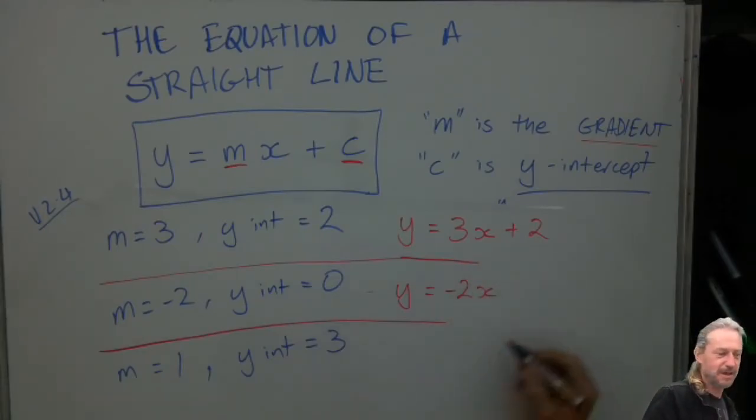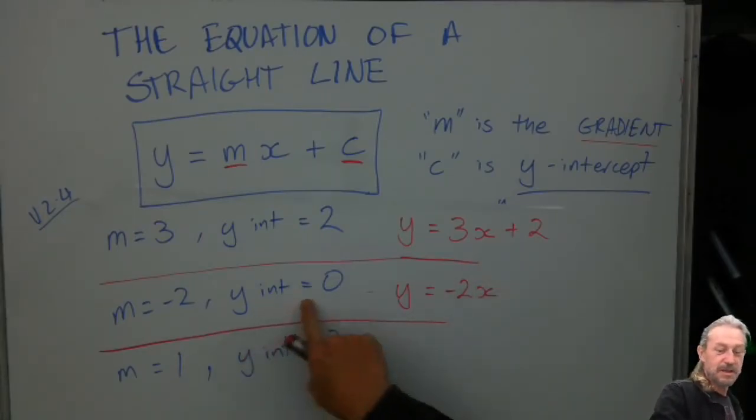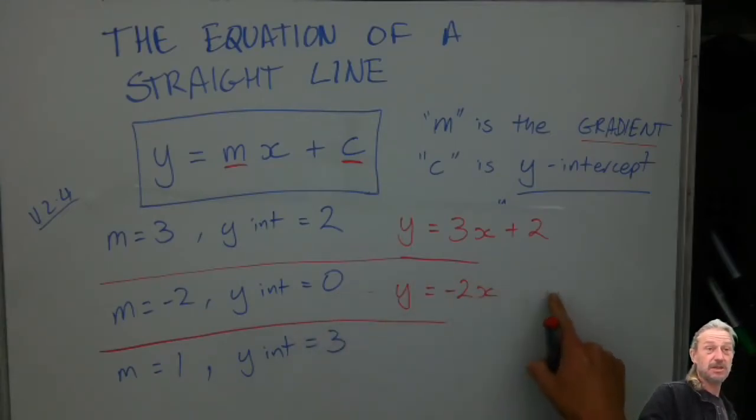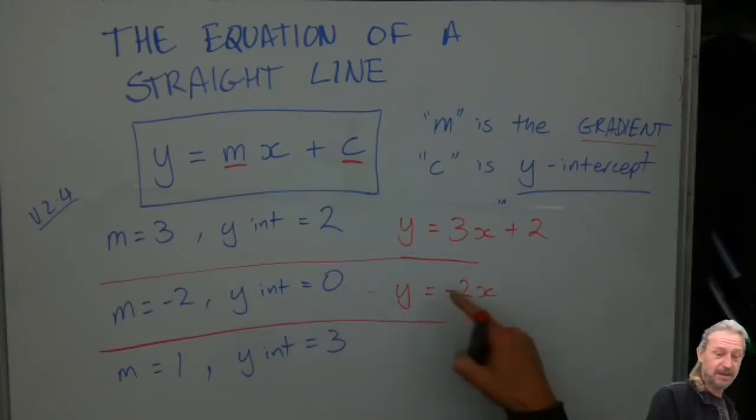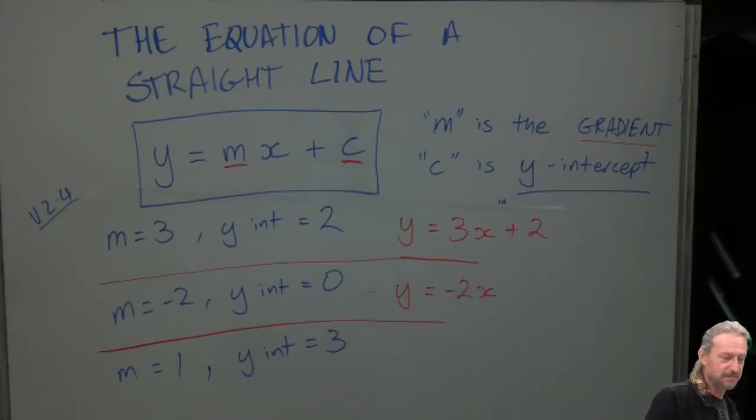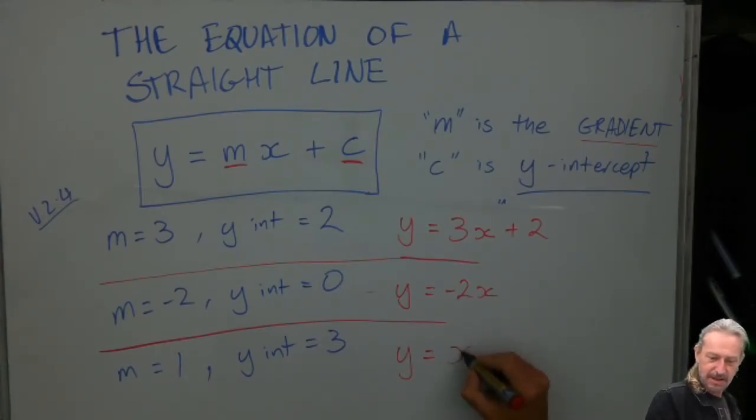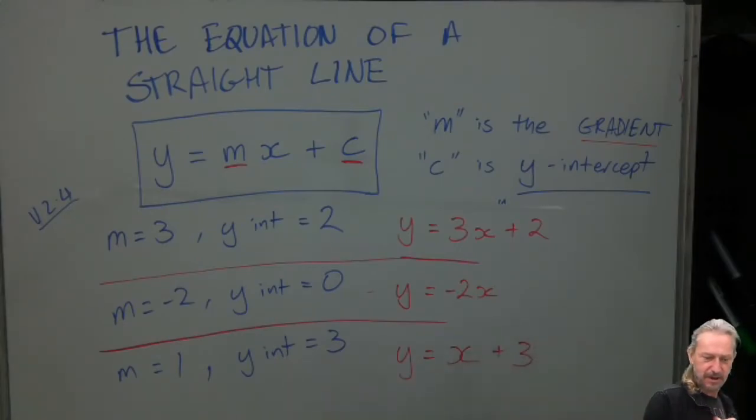That's the number in front of the x. Y-intercept is 0, so it's essentially plus nothing, so I can just leave it like that. That's the equation. And this third example, y equals 1x, so I can just write that as x. And then plus 3. So that's just going the opposite direction to the examples we just saw.